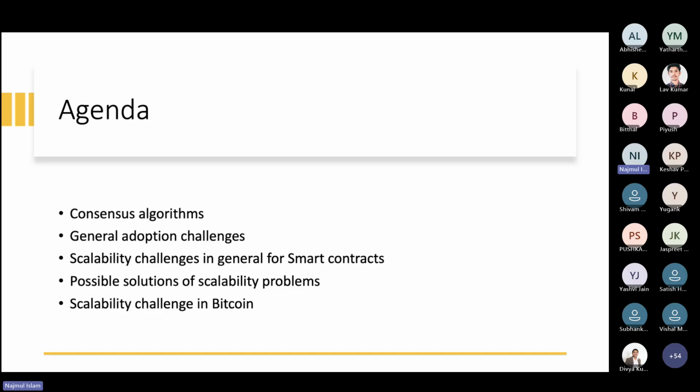Before we go to today's actual content, I have a question for you. You have gone through today very hands-on on consensus algorithms. So I will ask a question and you need to answer. Just a moment, I will share another screen.